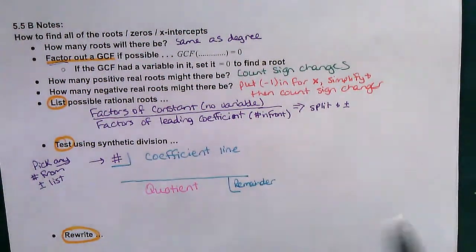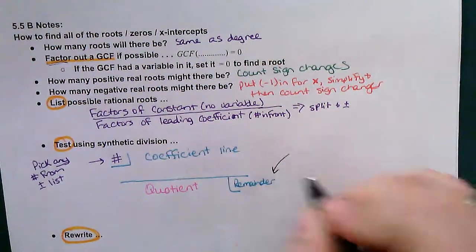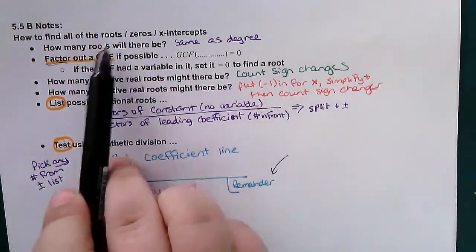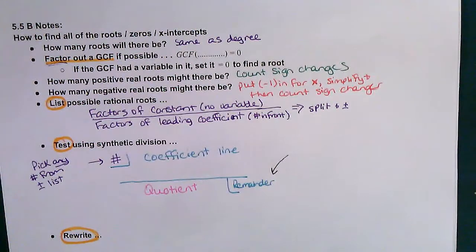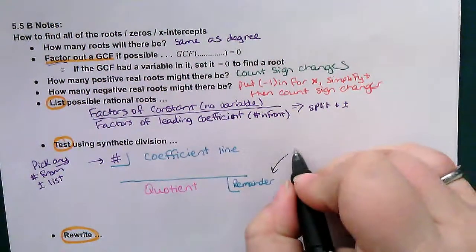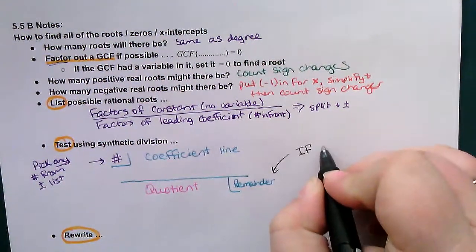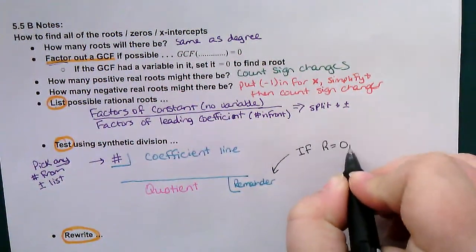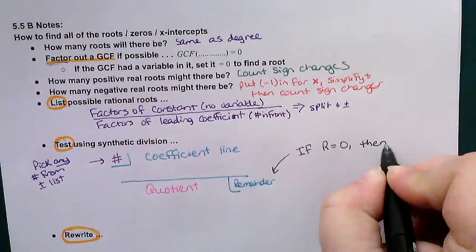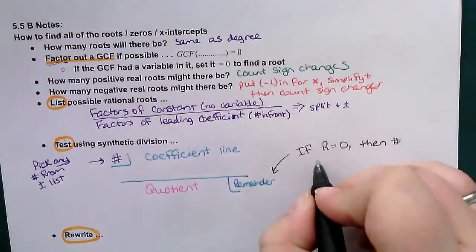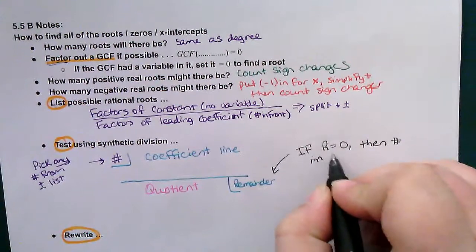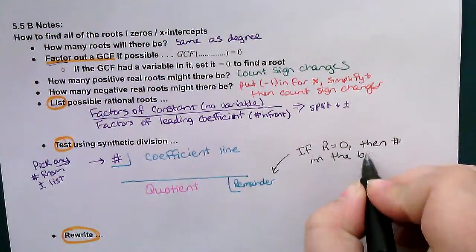So what are we trying to find? Well, we are trying to find what's called a root or a zero. And in our 5.4b notes, we have found a root if and only if the remainder is 0. If the remainder is 0, then the number in the box is a root.